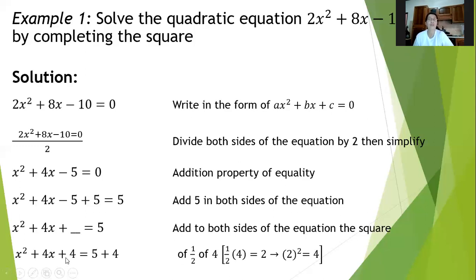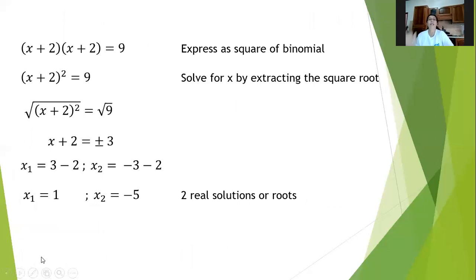And the factor of this is the square of a binomial. We have here x plus 2 times x plus 2. 5 plus 4 is equal to 9. Expressed as a perfect square binomial, we have quantity x plus 2 squared is equal to 9.